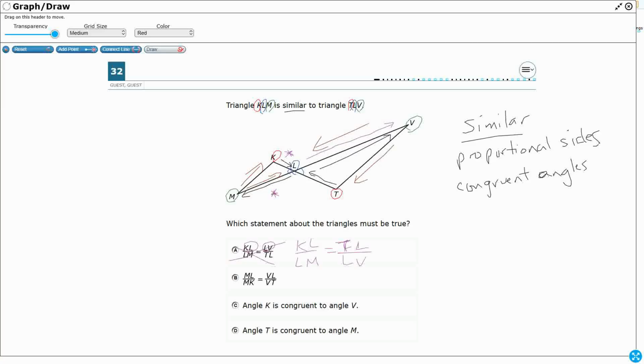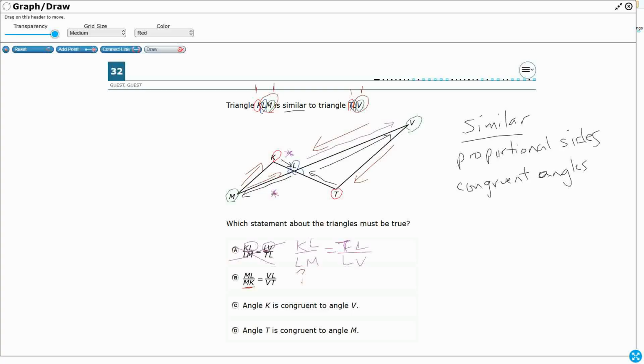Okay, that does seem like that might work. ML is the last two letters here, and VL is the last two letters here. MK is the first and the third letter, and VT is the first and the third letter. Okay, so that looks like that's going to work. Let's question mark it. We have to make sure that nothing else works.